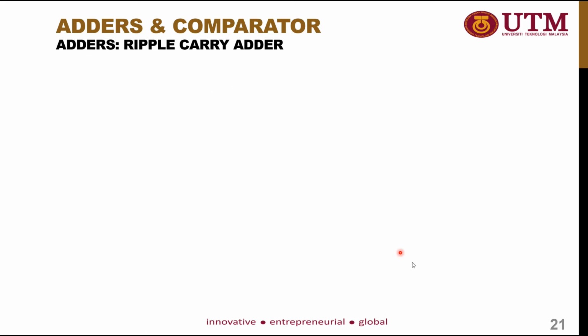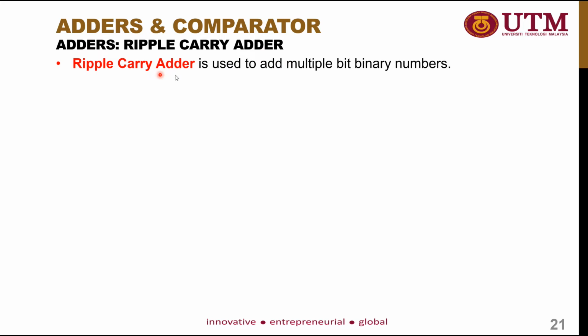So what is actually a ripple carry adder? A ripple carry adder is used to add multiple-bit binary numbers. As you can see from the previous lesson, for the half adder and full adder, the input variables A and B only consist of 1-bit inputs.